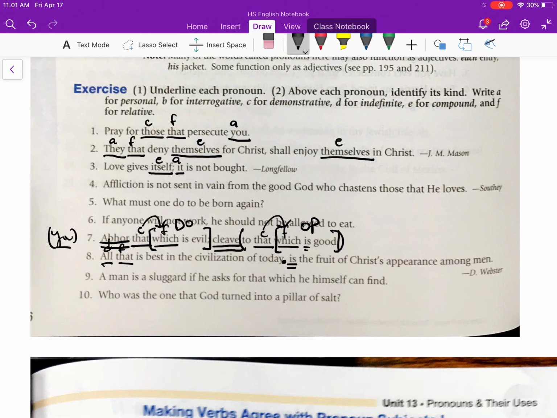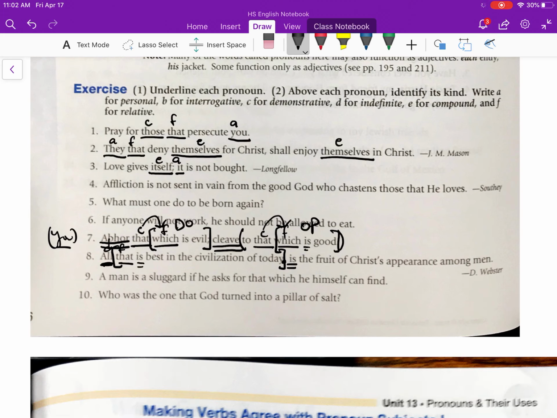Okay, so the subject for our sentence here is the word all, which is a pronoun, and so I've got it underlined already here. So it's all is. So then the question is, what is the word that doing? All that is best in the civilization of today. Well, what's going on in this case is this is also going to be a dependent clause.